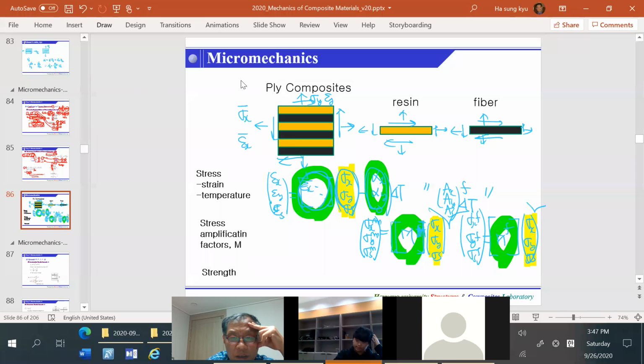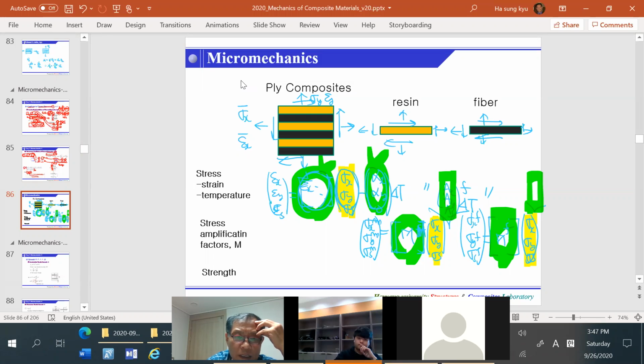There are some reasons why we are able to neglect them. So we may neglect this term, but this term and this term are important. Now, what is left is the subject regarding strength. Strength is the one we want to know.